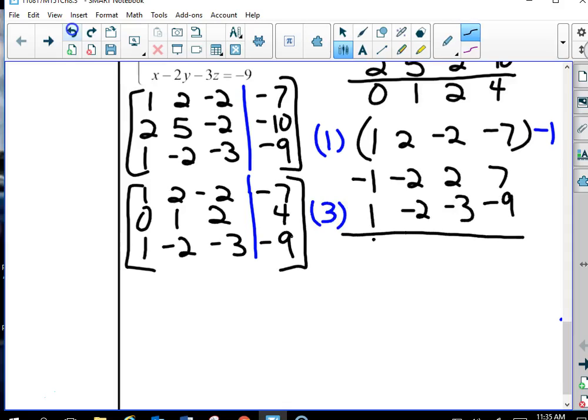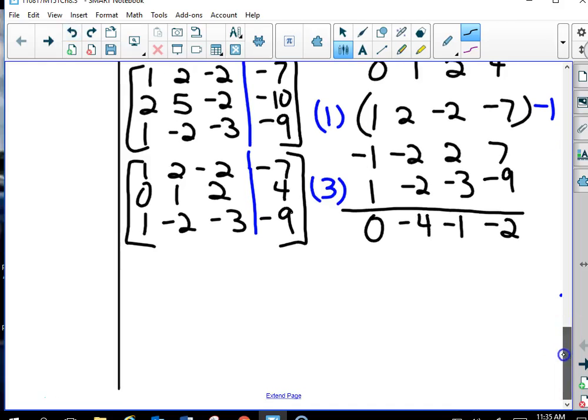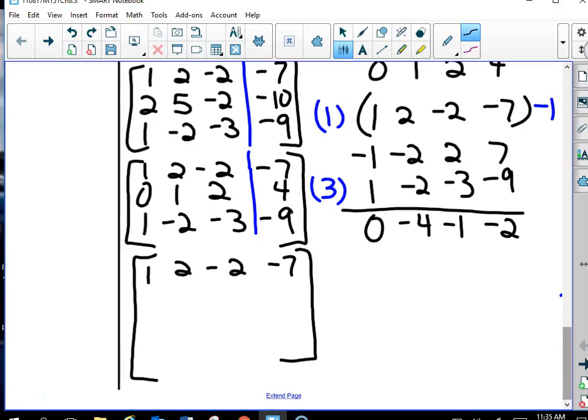When I do that, I get a 0, a -4, a -1, and a -2. So again, a lot of rewriting on these matrices. And my new and improved row 3: 0, -4, -1, -2.